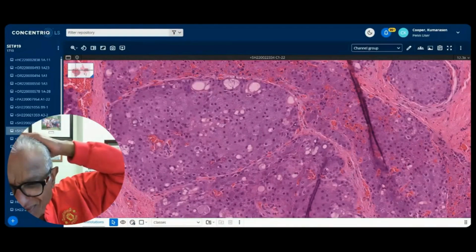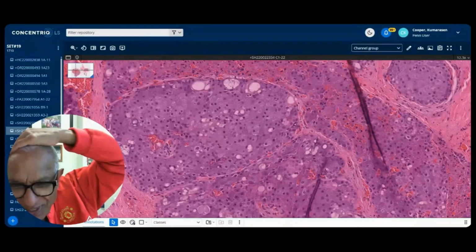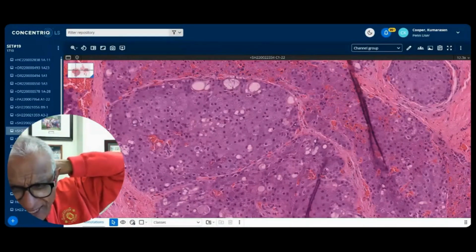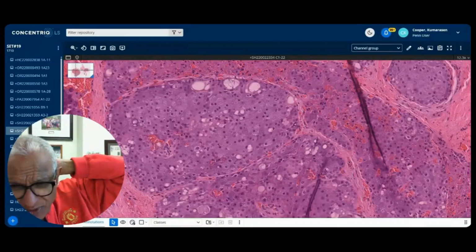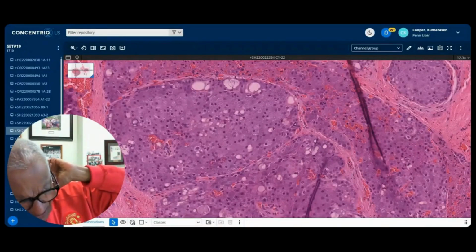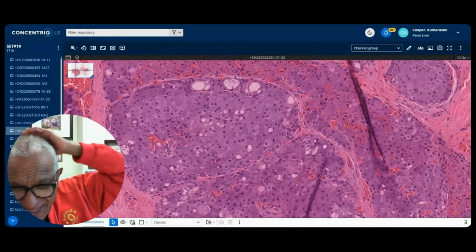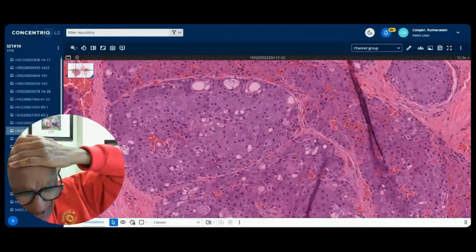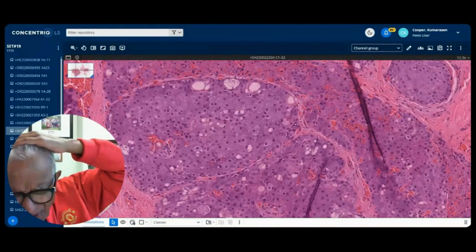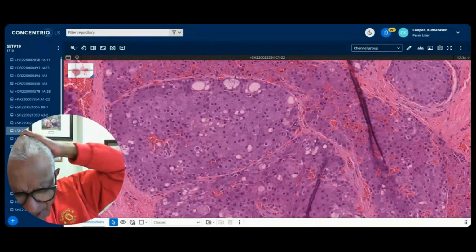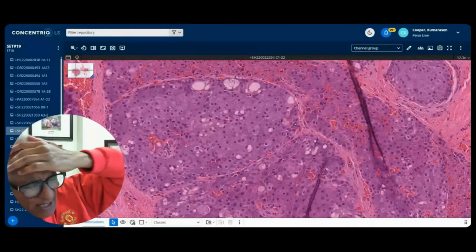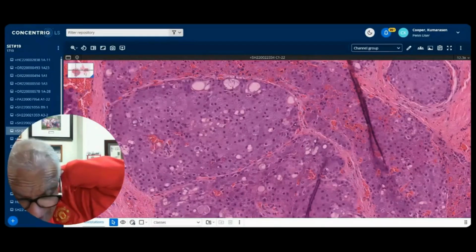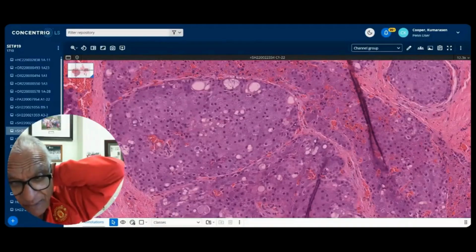Whilst people are giving us their differentials and thinking about this, just to comment on Madhu's intermediate grade. It was a nice paper from Memorial Sloan Kettering in AJSP about 2-3 years ago. I want to say 2023, maybe, I forget the year. So if you go to AJSP, that's the American Journal of Surgical Pathology, and punch in mucoepidermoid carcinoma grading Memorial Sloan Kettering, that paper will come up.